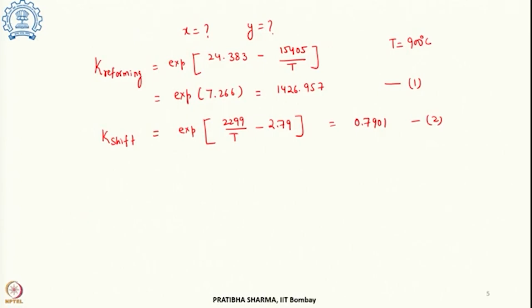So, now we have 2 unknowns and we have 2 equations that we will be using. How will we frame those equations? We will be framing those equations according to the definition of the equilibrium constant. These values we will be substituting in the definition for the equilibrium constants and then we will get the results. So, let us do one by one.